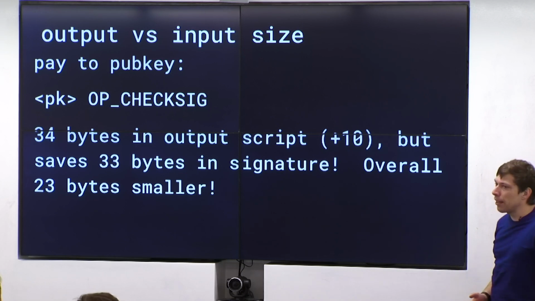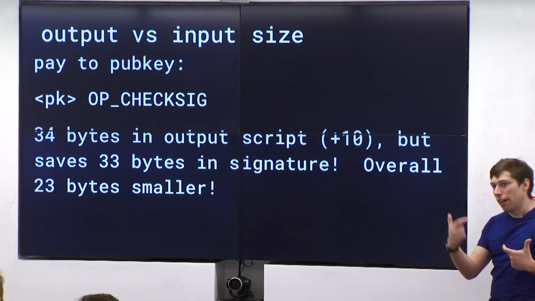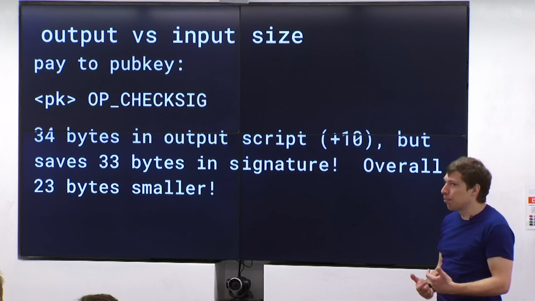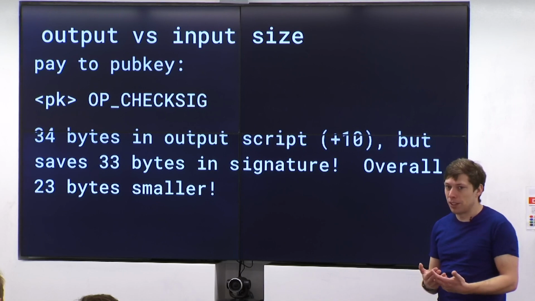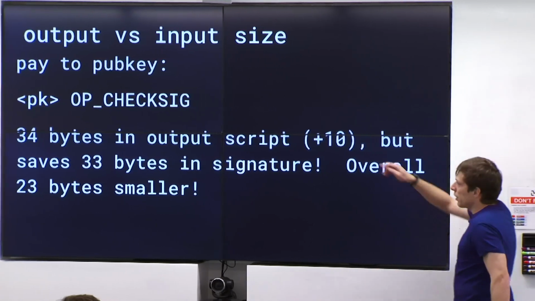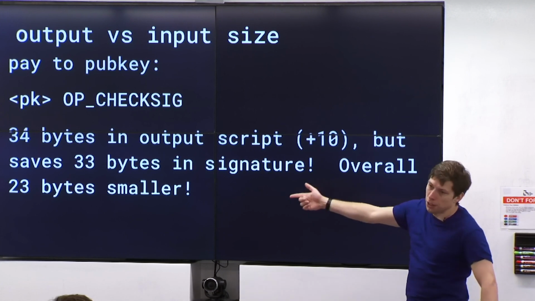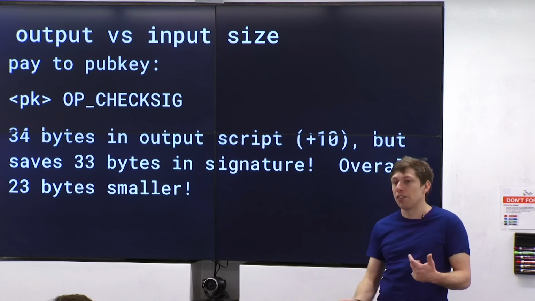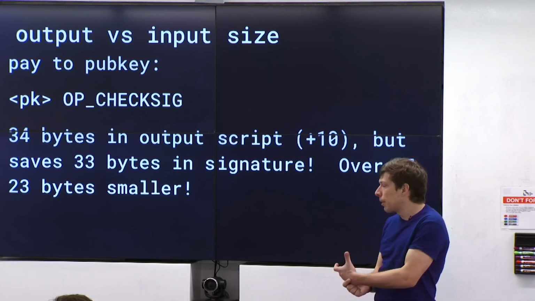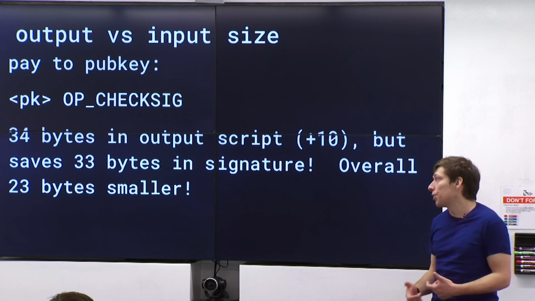However, when you spend with pay to pub key hash, you need to put the pub key itself and the signature. So you're putting the pub key into the network either way eventually. So this is actually overall more space efficient in that you're saving 23 bytes over the life cycle of it, right? The output is a little bit bigger, but the input is significantly smaller, so you end up saving.